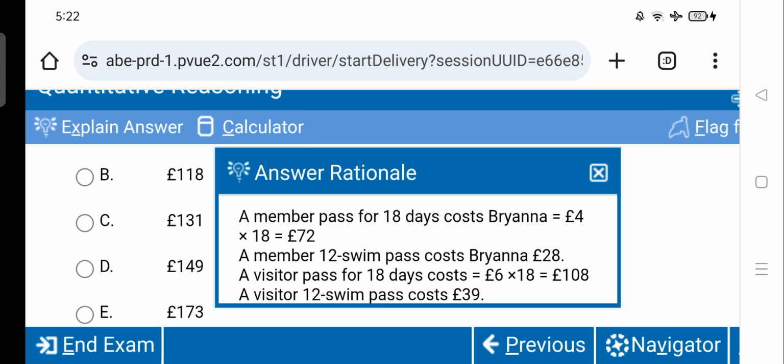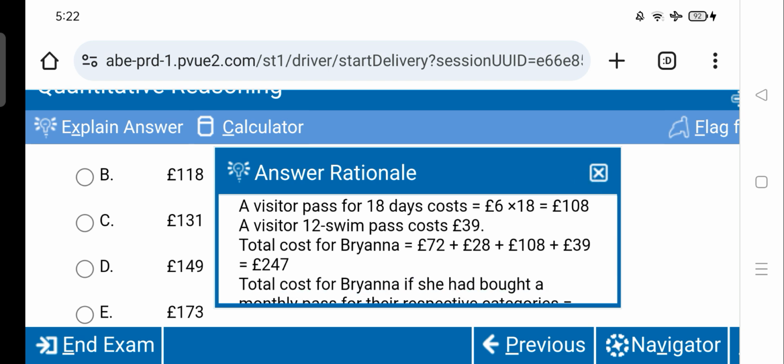A visitor pass for 18 days costs 6 pounds multiplied by 18, which equals 108 pounds. A visitor 12 swim pass costs 39 pounds. So the total cost for Brianna equals 72 plus 28 plus 108 plus 39, which equals 247 pounds.